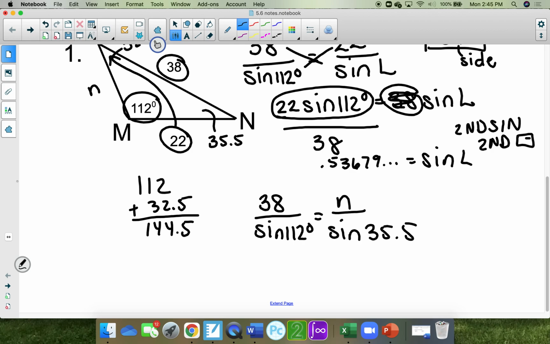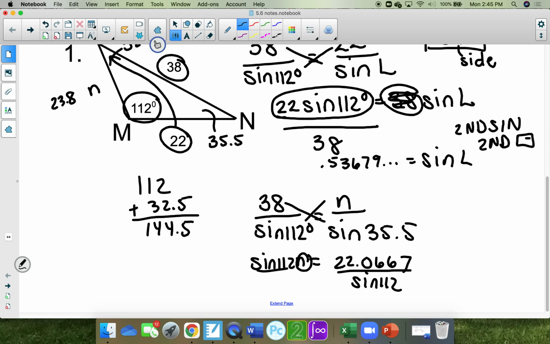Again, a fraction equals a fraction, so you cross multiply. 38 times the sine of 35.5 is 22.0667, and that equals N times the sine of 112. So to get N alone, you divide by the sine of 112. And that side is going to equal 23.8.